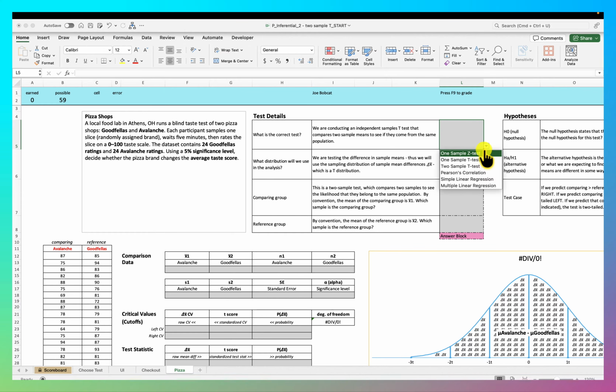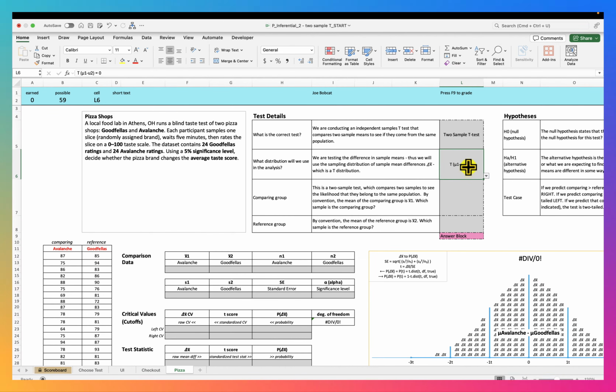So independent samples t-test, two sample t-test. It's the difference in the population means that belong to those 2 samples. That's how we get the delta X bar, because it's a difference. And who is the comparing group? Comparing group here is Avalanche. The reference group is Goodfellas.